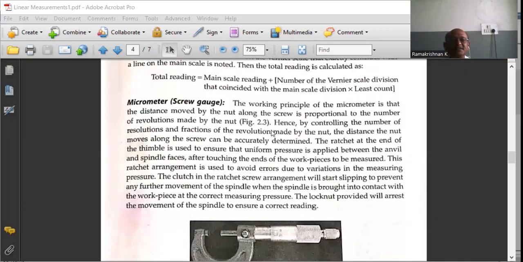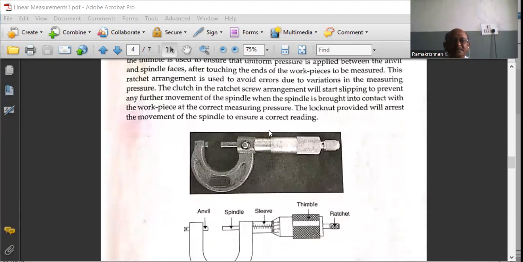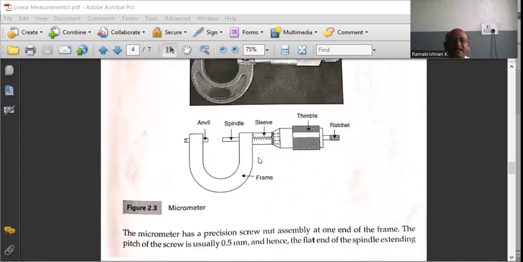Similarly, the screw gauge or micrometer, as you see in the photograph and the diagram, consists of a fixed frame in a U shape. At one end the anvil is fixed, remember, and on the other side the barrel is attached. Inside the barrel or thimble, a screw rod is there, which is extended with a spindle.